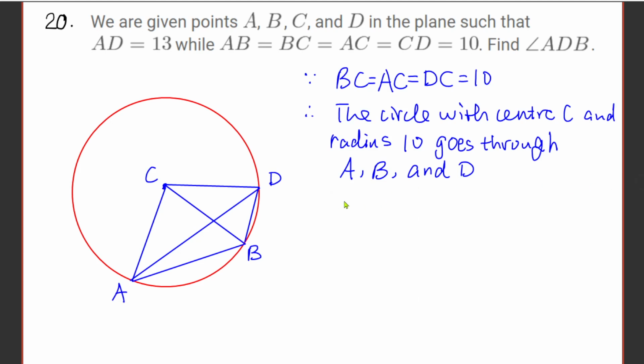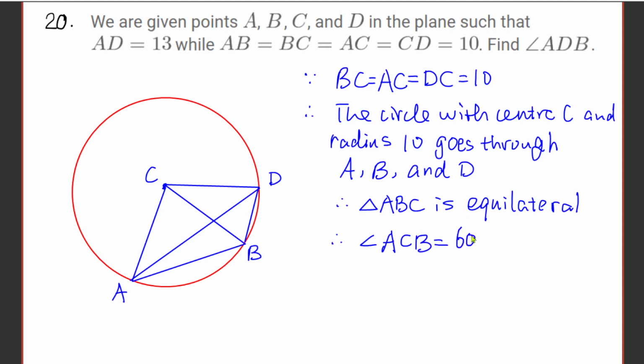Also, we know that triangle ABC is equilateral. And then, of course, angle ACB here equals 60 degrees, right?